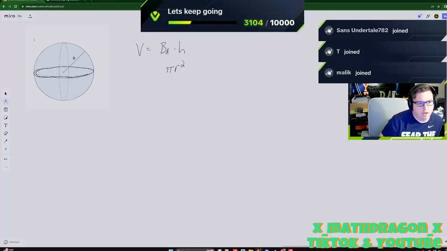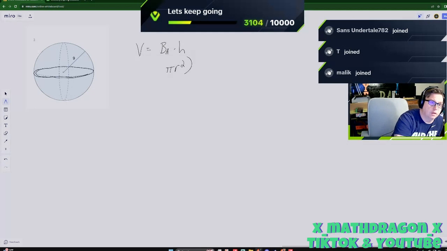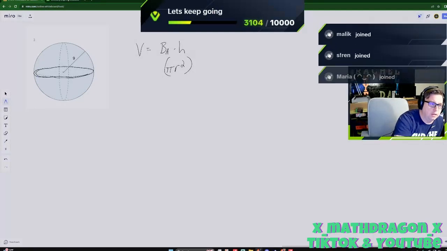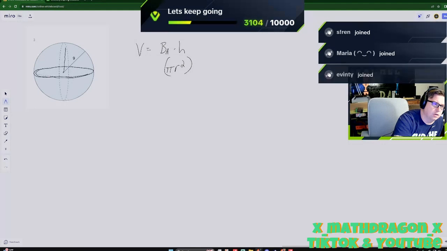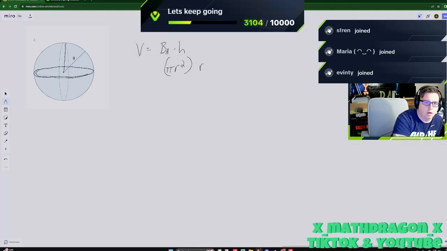But it's not on the bottom or the top. So we just have the area of the circle. What we also have is another circle. Now the height, if we were to go from the center up to our figure, our height is going to be the radius as well, because it's from the center of the circle up to any point out on the circle or the sphere, you can think about it that way.